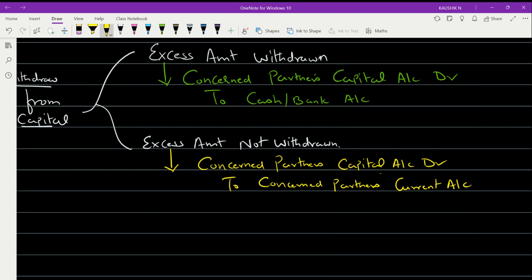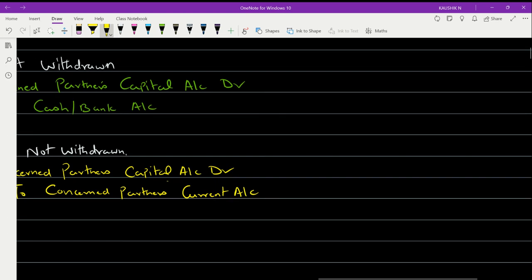Okay. Now I'm giving you a third possibility which is not there in our textbook, but of course, problems can be of such type also. What is that?